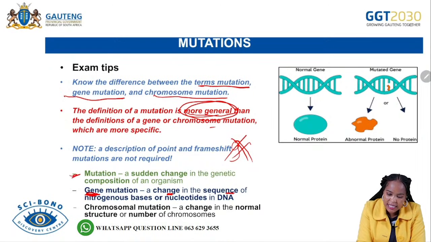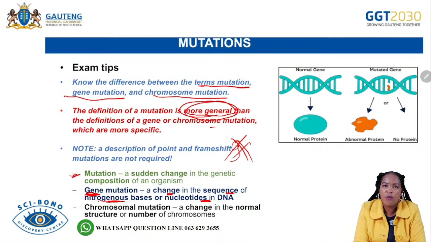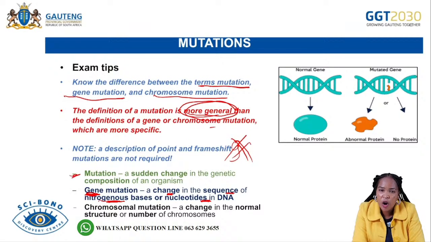If your answer does not have all of these key factors, it is not describing gene mutation. You may find yourself describing mutation in general. So please make sure that when they ask you about gene mutation, you speak about the change in the sequence of the nitrogenous bases or the nucleotides in DNA. Then you will be speaking of gene mutation.